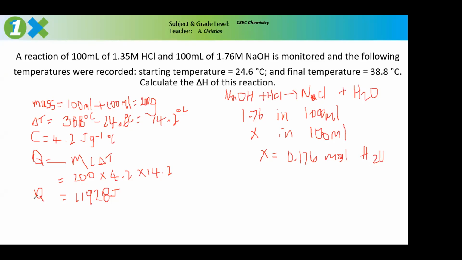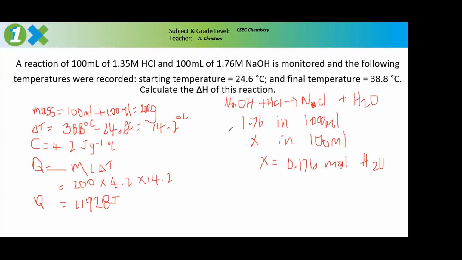All right, how do we proceed now? The quantity, the number of moles. The quantity divided by the number of moles. 11,928 divided by 0.176.